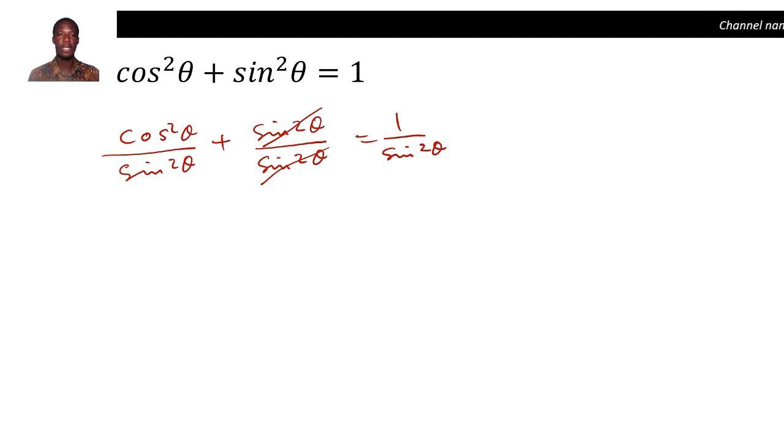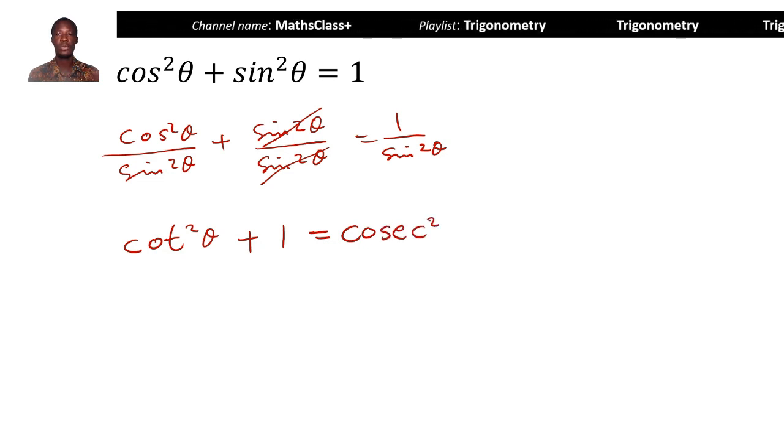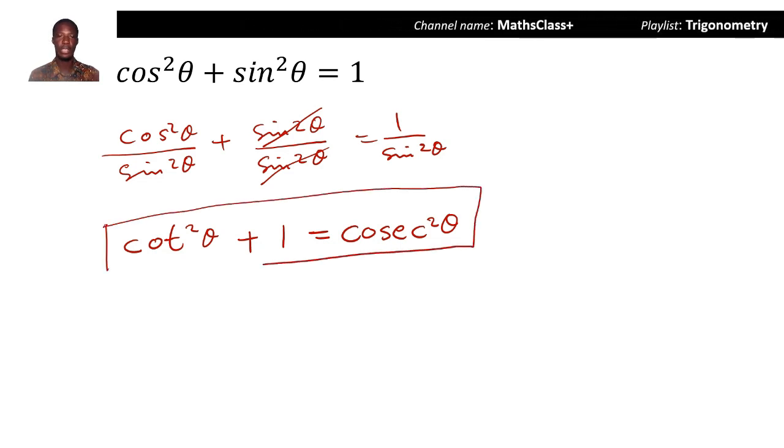Cos squared theta over sine squared theta is a reciprocal of tan, and a reciprocal of tan is cotan. So that will be cot squared theta plus 1 is equal to, so 1 over sine theta is cosecant, so cosec squared theta. So this is the next identity we should note.